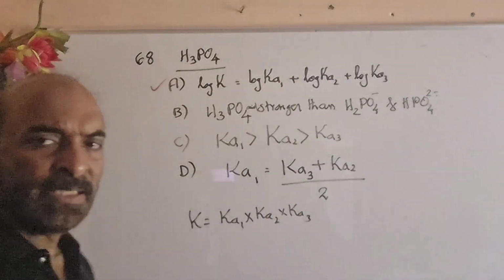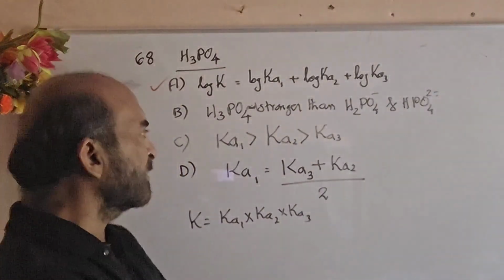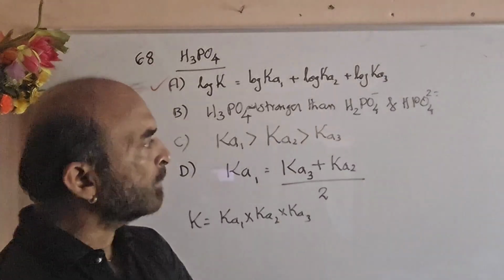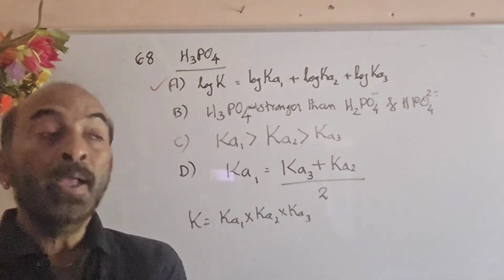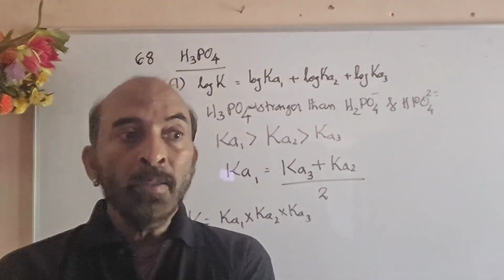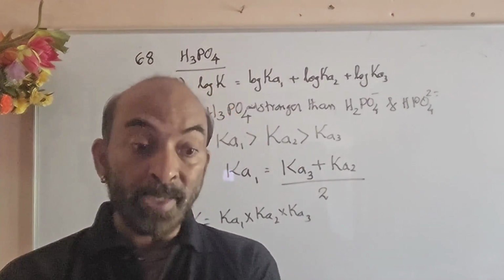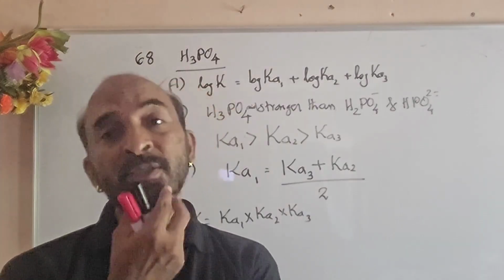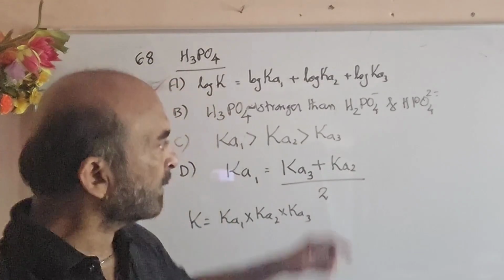What about the second statement? It states that H3PO4 acid is stronger than H2PO4 minus and HPO4 2 minus. They mean that the first stage of ionization of the acid is easier. That's why H3PO4 is stronger than the second stage ionization, it is another acid.